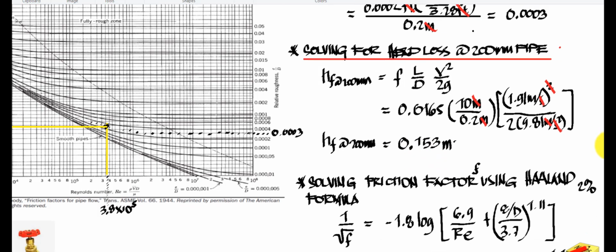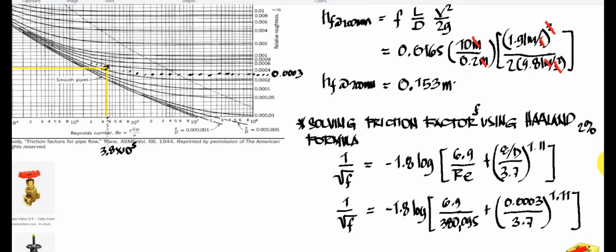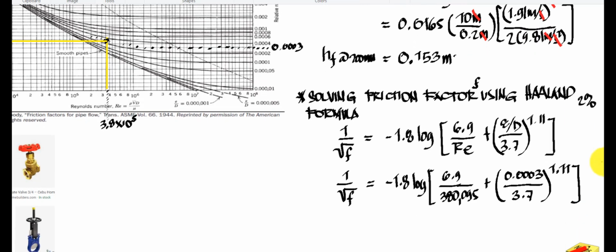Changing that one. So we have the value of 0.16. It is almost the same.